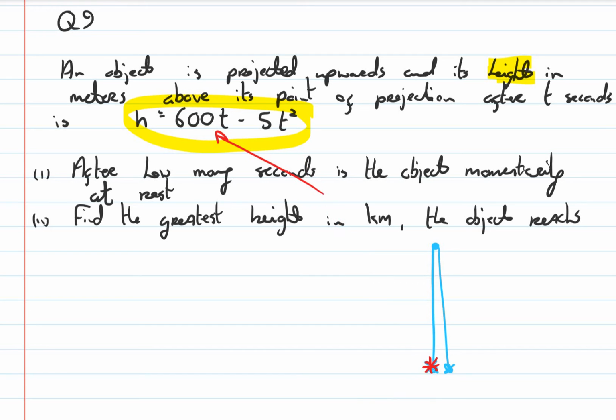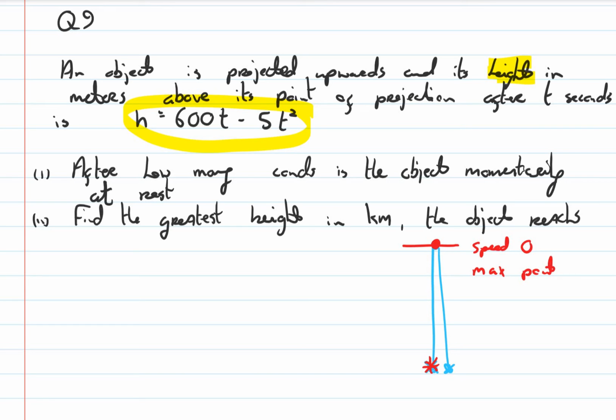Right? So what's the question? After how many seconds is the object momentarily at rest? Well, the object is momentarily at rest, remember, up here, when its speed is 0. Or another way of looking at it, at its maximum point.